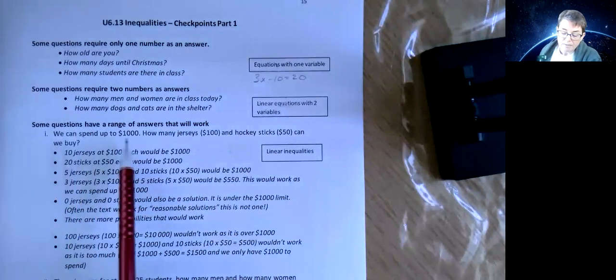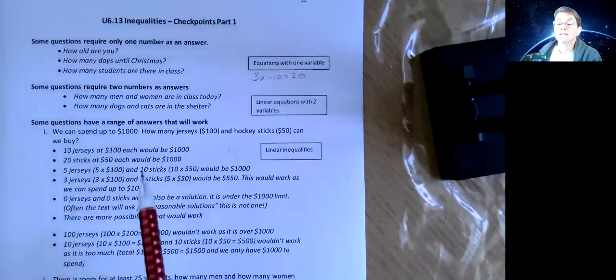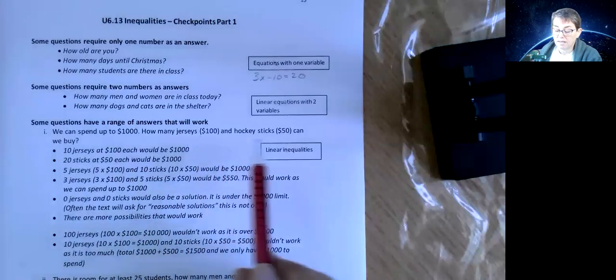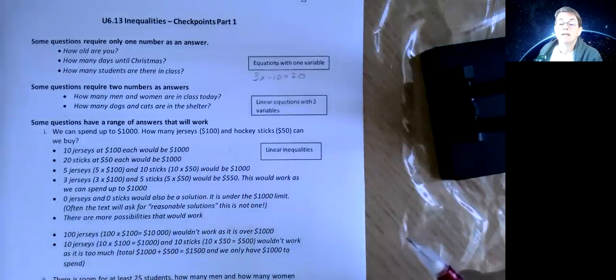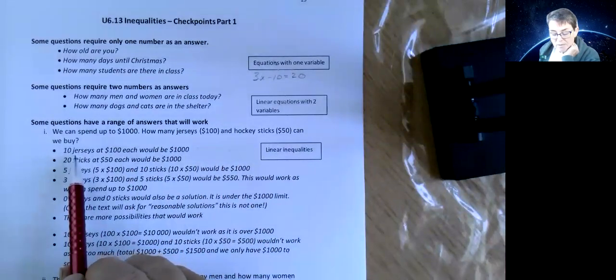All right, so a couple of scenarios to help you understand this. We can spend up to $1,000. So I'm the manager of a hockey team, and we got $1,000 and we can go buy jerseys and we can buy hockey sticks. And don't judge me, I have no idea how much jerseys and hockey sticks are. I just made up some numbers. So we're going shopping. What can we buy? Well, we could buy 10 jerseys.